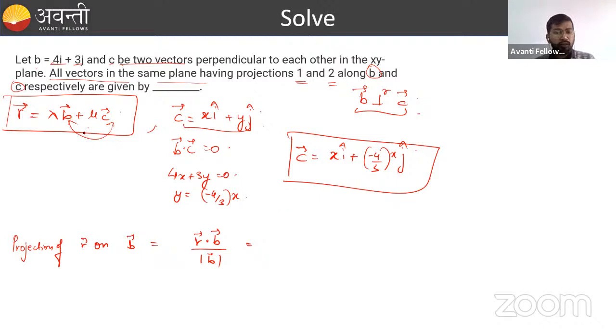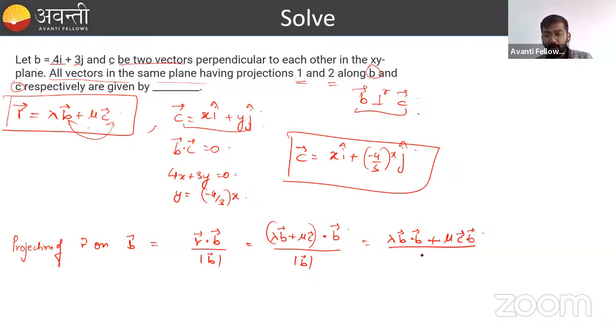First of all, see r bar dot b bar. When you do, r bar is lambda b bar plus mu c bar, dot b bar upon mod of b bar. So lambda b bar dot b bar plus mu c bar dot b bar upon mod of b bar.